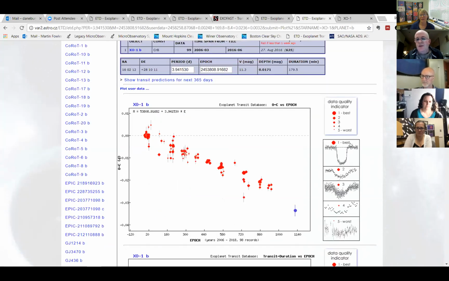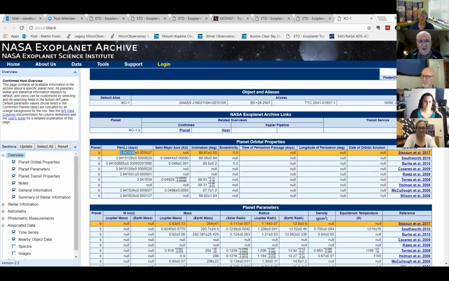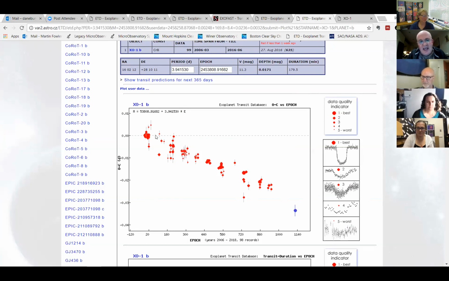So this is using the value here, which is highlighted in orange to show this is the default parameter. I don't know whether this means it's the best parameter. I haven't really got to fully understand what default means, but you'll see that if it was correct, in inverted commas, you'd expect all of these data points to be aligned here.